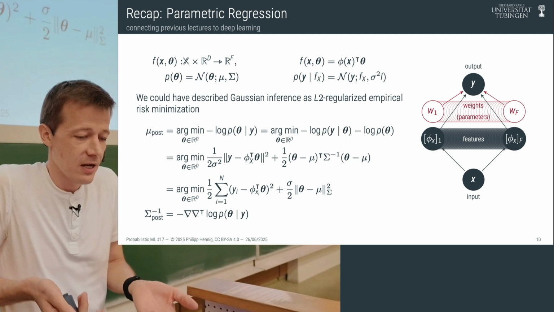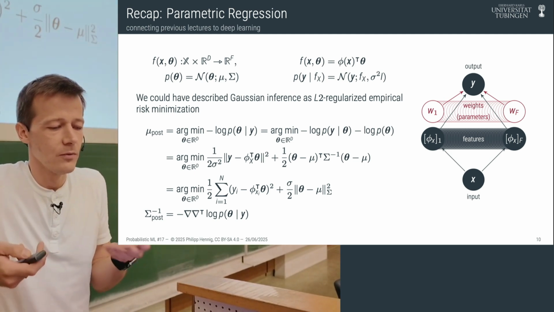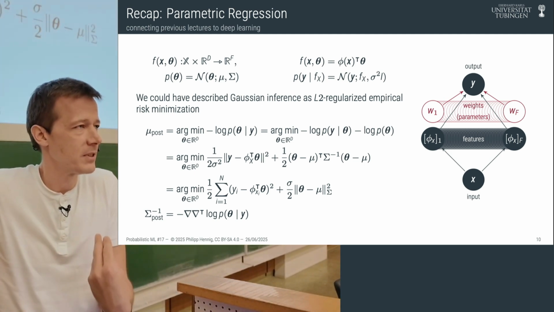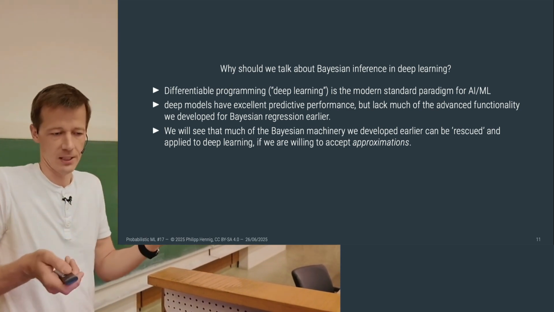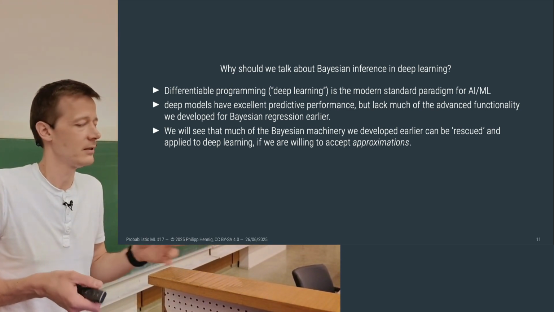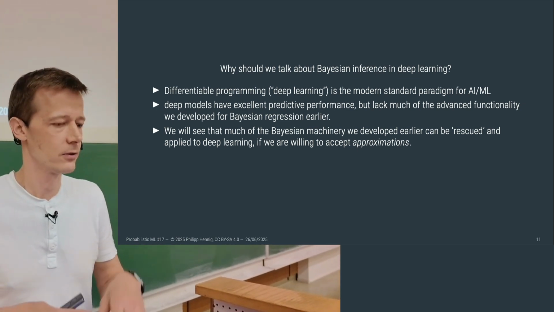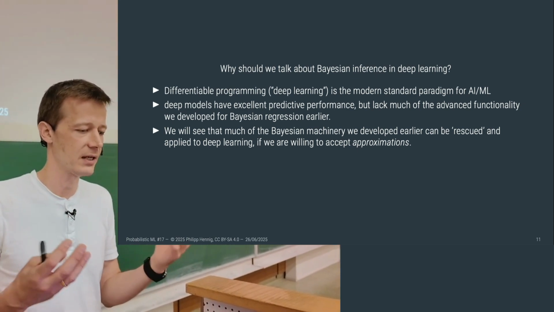So maybe a first question is, well, coming from this, you might wonder why should we still talk about deep learning? Because it seems like we had a really cool framework available there. But of course, you're not just in this lecture, you're also listening to the news. You know what AI is like these days.